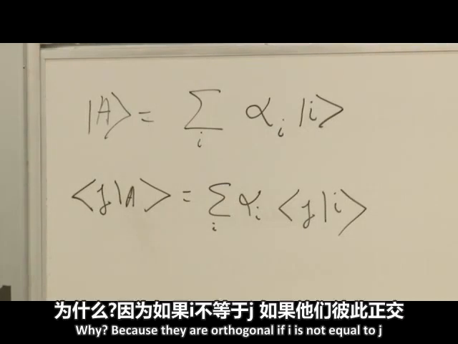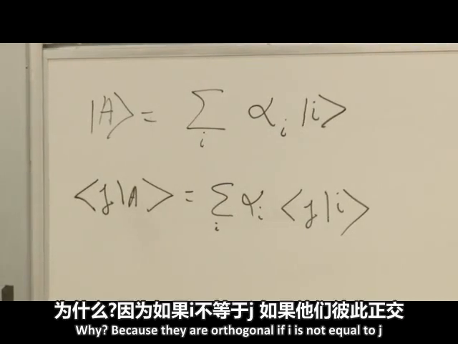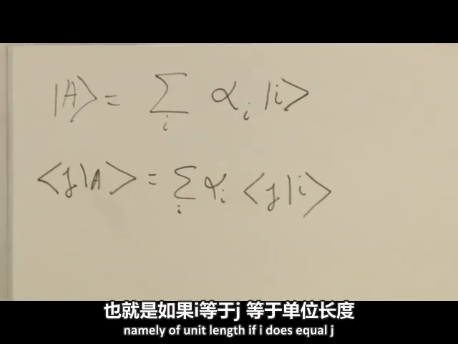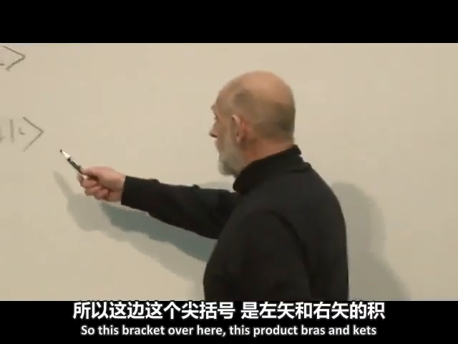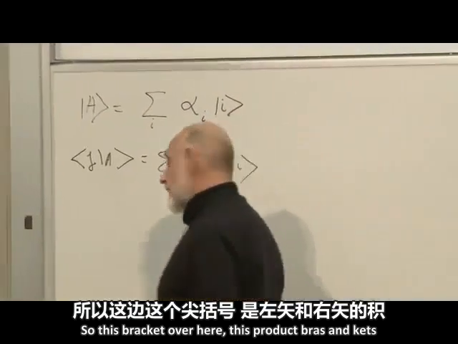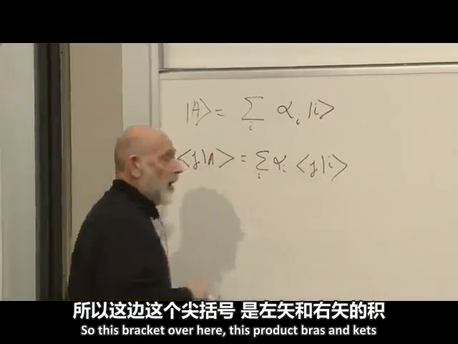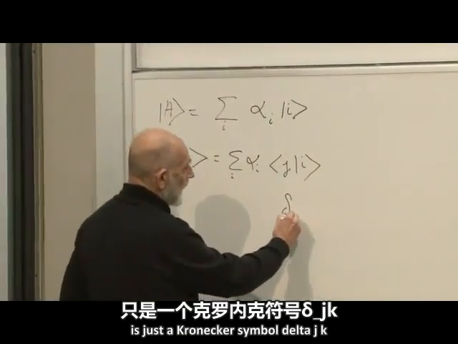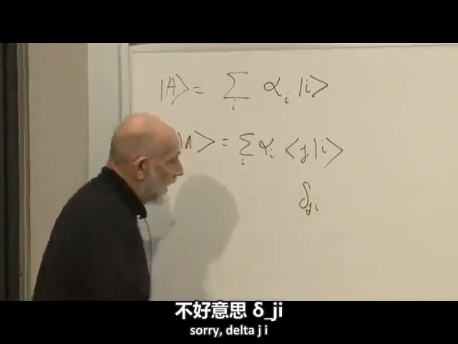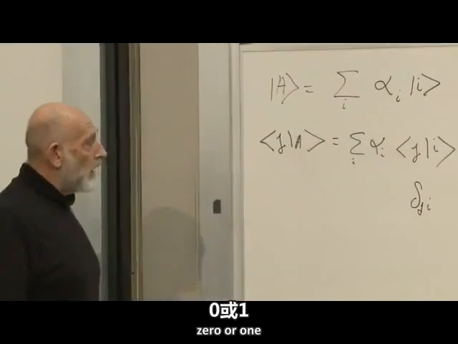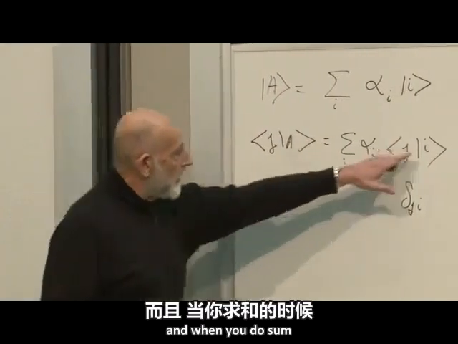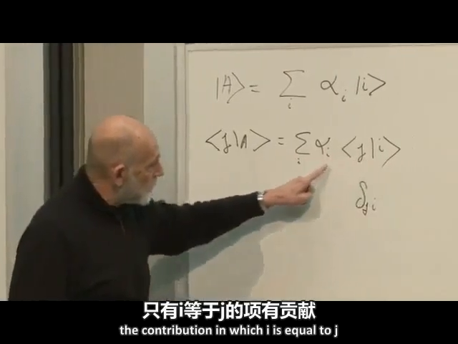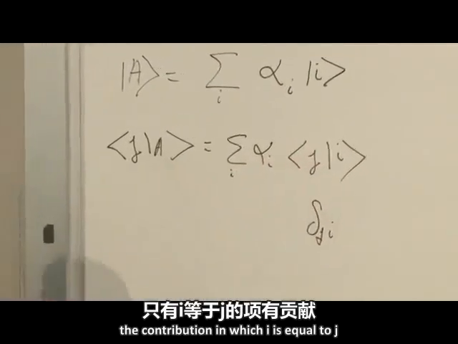It's 1 if i and j are the same vector, and it's 0 otherwise. Why? Because they're orthogonal if i is not equal to j, and they're normalized, namely of unit length, if i does equal j. So this bracket over here, this product of bras and kets, is just a Kronecker symbol delta ji, 0 or 1. And when you do the sum, it just picks out one and only one contribution, the contribution in which i is equal to j.